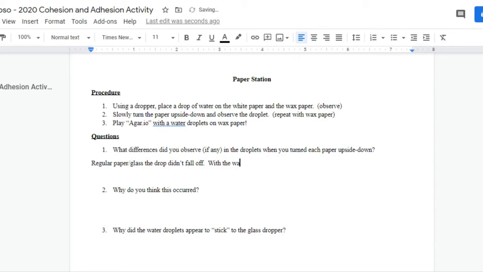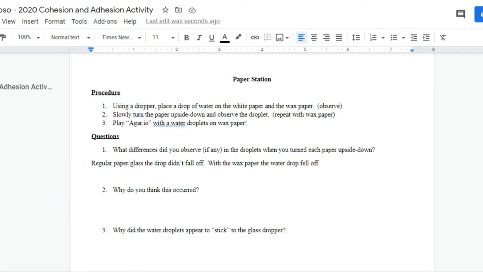With the wax paper, the water drop fell off. All right, so that's not the greatest English ever, but with the glass and the regular paper, the water stuck to it. So I flipped it over, but the drop didn't fall off. But on the wax paper, it immediately fell off.